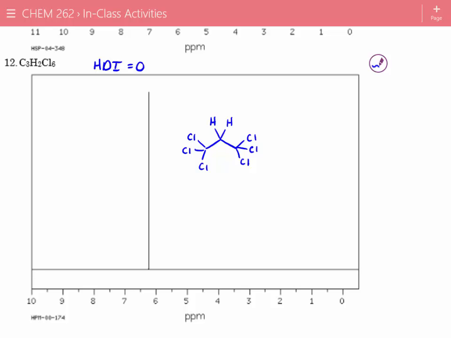That would only be one signal, right? Because each of those protons is in one environment. Or we can say, well, what if there are some protons coming off the end, and then you've got 2 chlorines here, 2 chlorines here, and then chlorines here and here. We've got a decision to make.